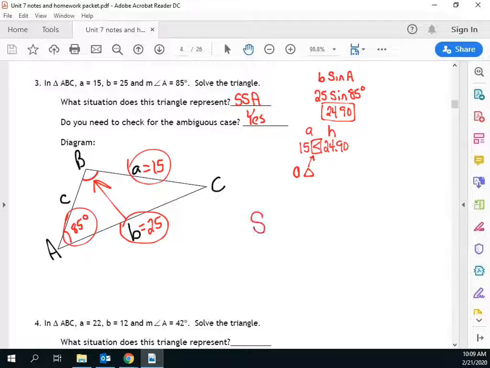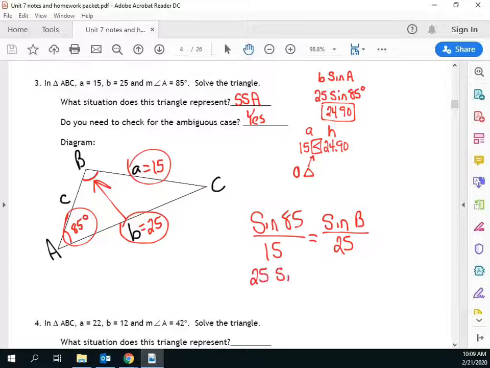So, sine of 85 over 15 is equal to sine of B over 25. Cross multiply. Divide. And we figure out if that is exactly what we need to be getting.